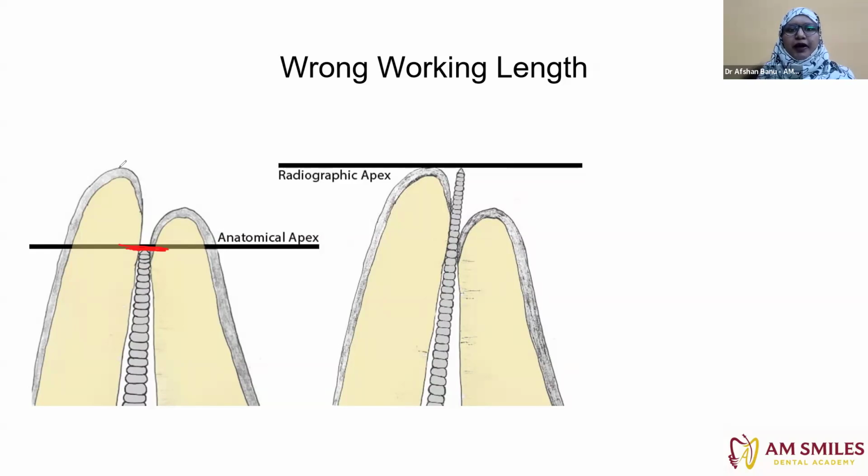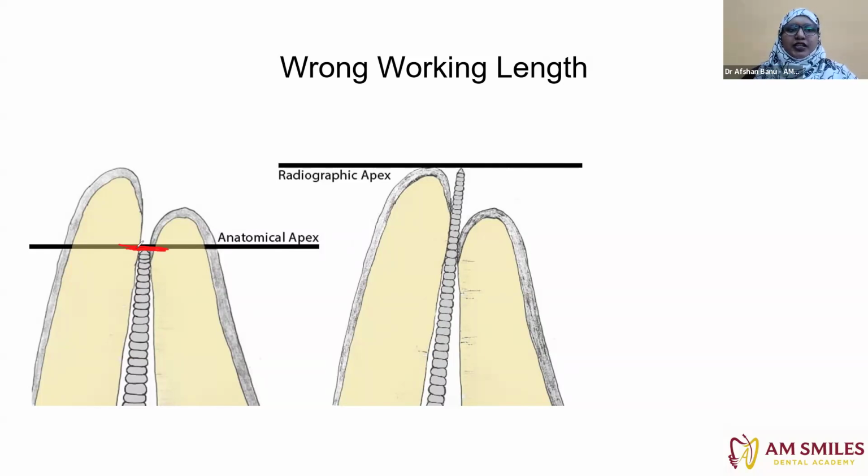As we keep on preparing, it is going to become like a straight road. When you travel on a curved road, your path looks very far away, right? The same way, as you keep on filing the canal, it becomes straight, and that will also change the distance. So that will also change the working length. So it is always safer. You need to keep your working length 1 mm shorter, not 0.5 mm shorter.